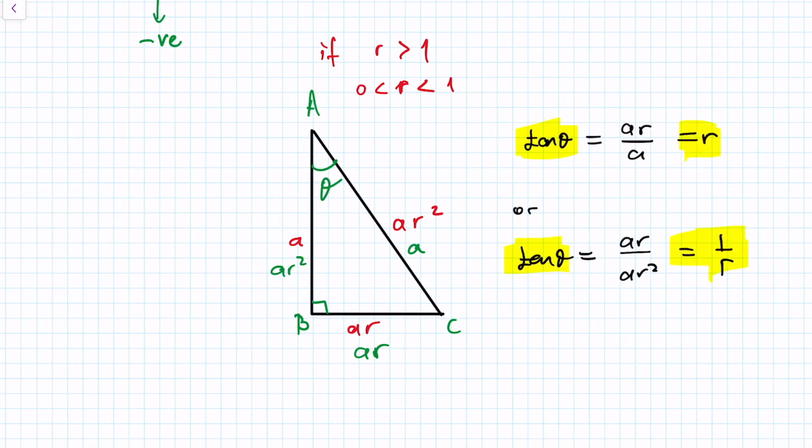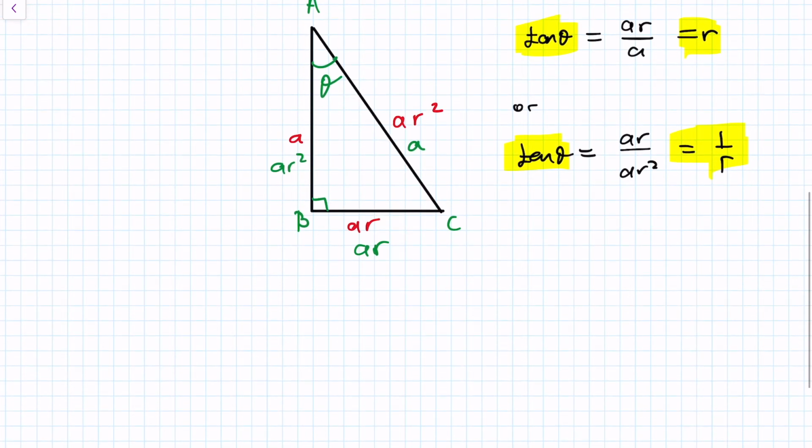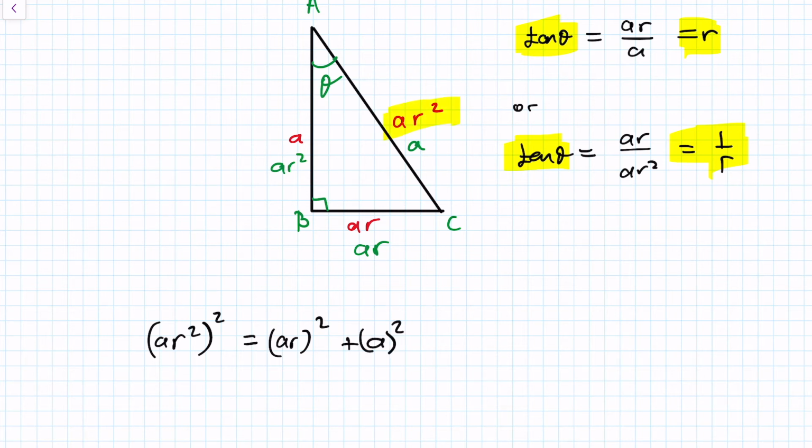Now, how do we do that? Well, it doesn't really matter which one we use. Let's use the red writing, so AR squared. This is Pythagoras: C squared is equal to A squared plus B squared. I'm using these three here.